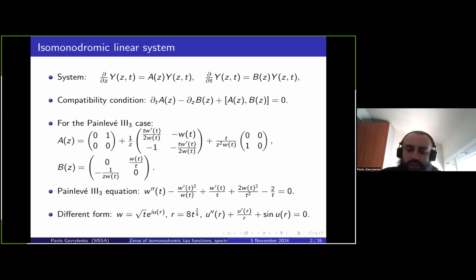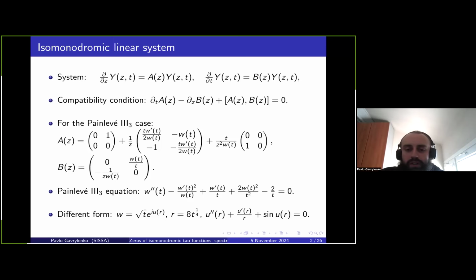of its solutions. In the sense that there is only one solution that can be written as an algebraic function. It is w equal to square root of t, which corresponds to the trivial solution of this radial sine Gordon.